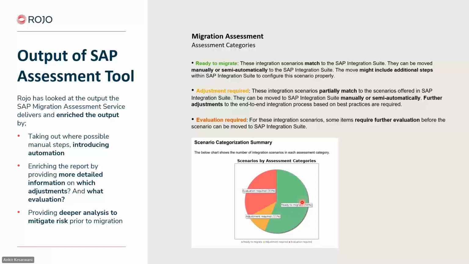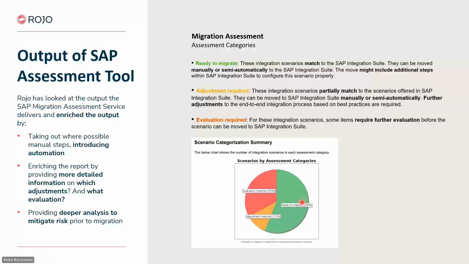So we need to see how we automate that part or how we handle the migration of Java mappings. So what you see here is basically depending upon the type of category the interface belongs to, we need to take some specific actions. And this assessment basically helps in planning those actions for us.